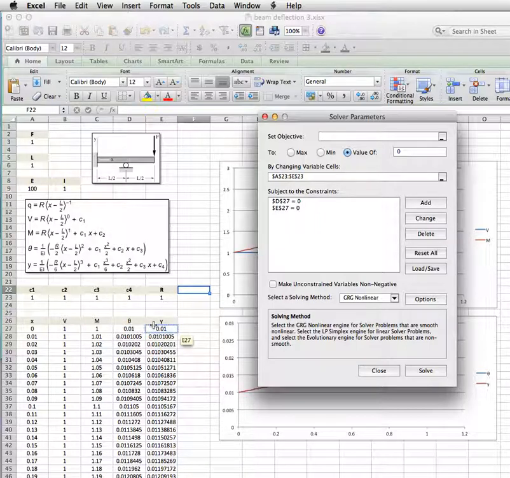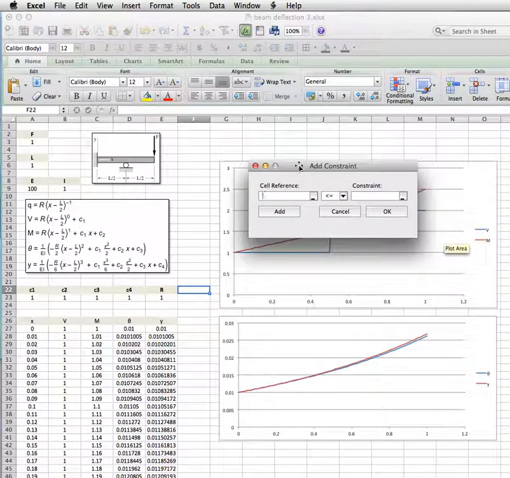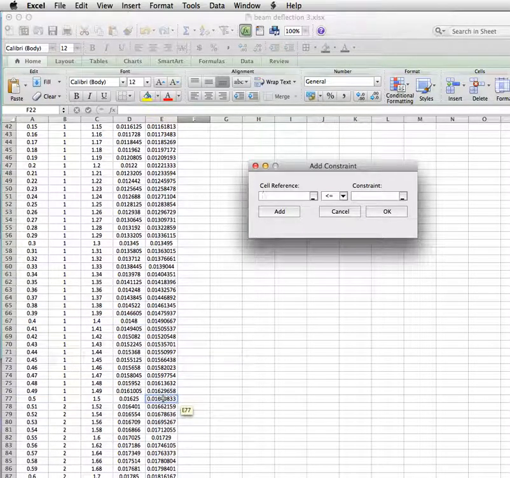So I got the slope and deflection at the left hand end of the beam at x equals 0 equal to 0. I'm going to add more boundary conditions now. I know the deflection here has to be 0 because there's that roller sitting right there. So the deflection at L over 2, L is 1, so the deflection at 0.5, deflection is the last column at 0.5, better be equal to 0.